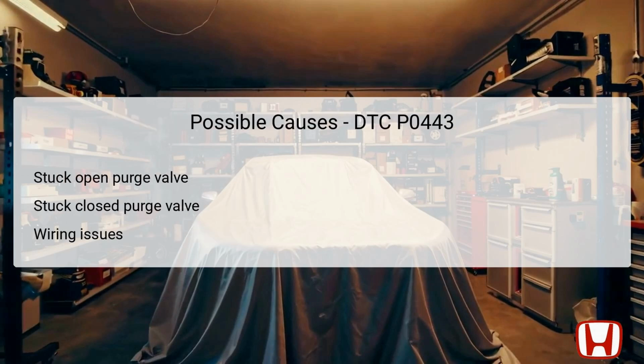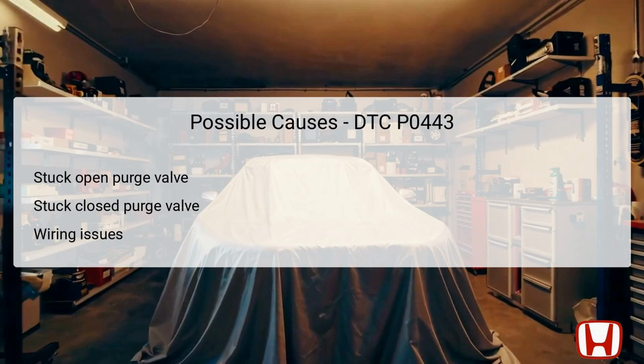When troubleshooting DTC P0443, there are several possible causes to consider. The first possibility is a stuck-open EVAP canister purge valve, which would allow fuel vapors to continuously escape into the engine, potentially causing performance issues. Conversely, a stuck closed purge valve may prevent the engine from drawing vapors, resulting in pressure accumulation in the EVAP system.